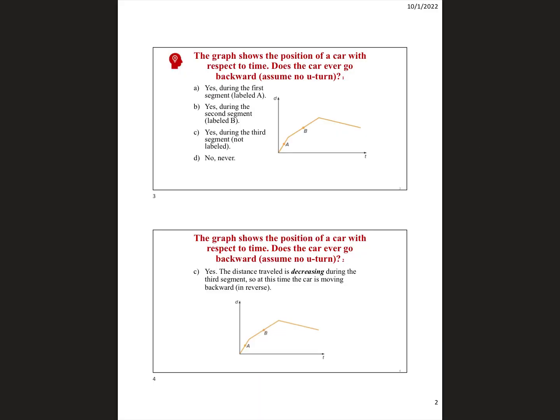The graph shows, so this question was solved in class, and it says this is the graph, the position x versus time t, and the position is going further and further, and the question is, does the car ever go backward?